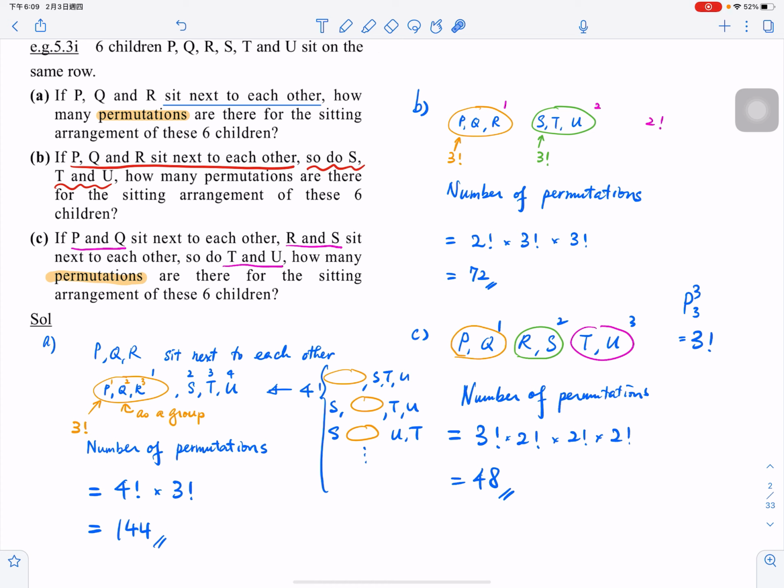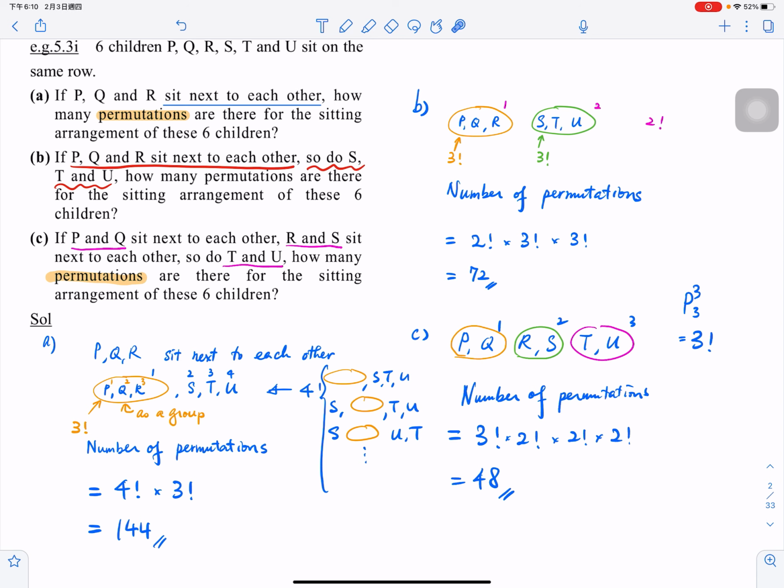However, sometimes we have some condition, then according to the condition, maybe here we have 2 different groups because they want to sit next to each other. Then you can think of it as 2 different items, then 2 factorial, and each item inside has 3 members, so you take 3 factorial. So times all together, you get the number of permutation.